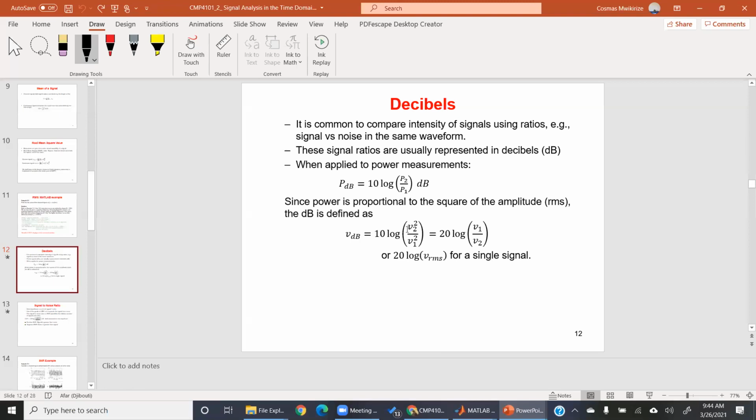And of course, log of S squared is 2 log of S, so we can bring the 2 here and multiply it into the 10. And that's how we end up with 20 log.